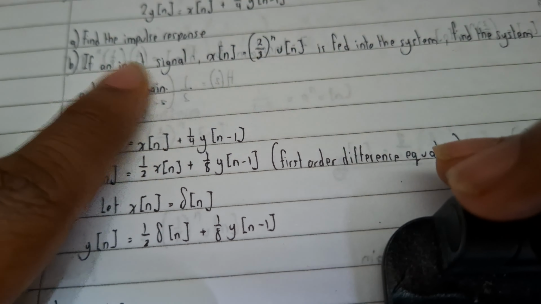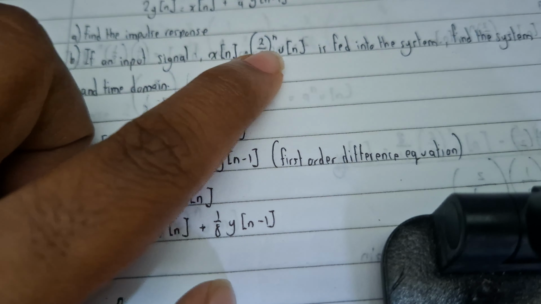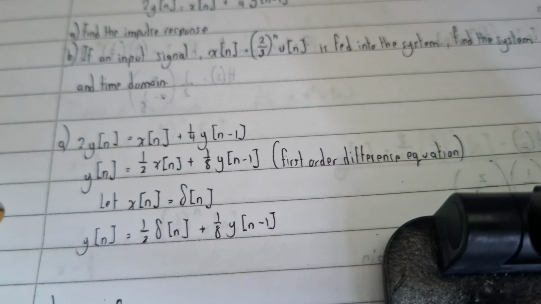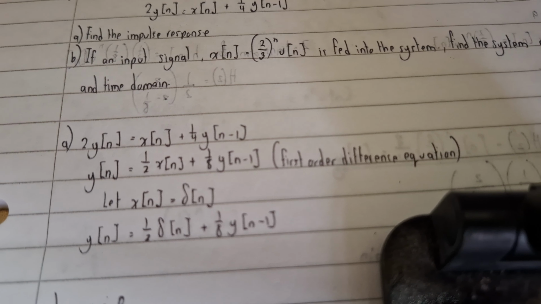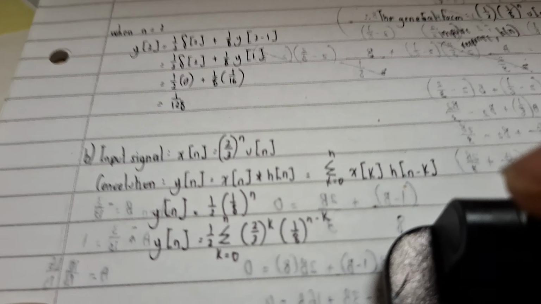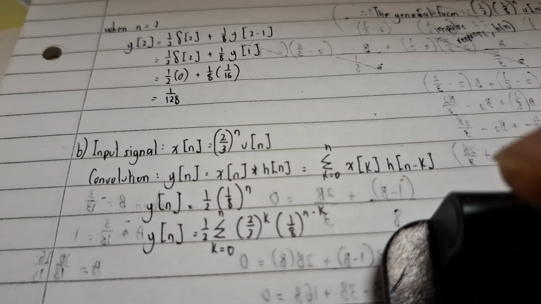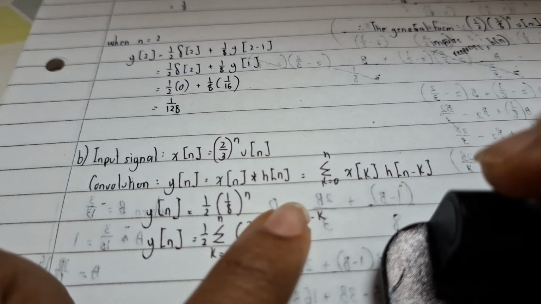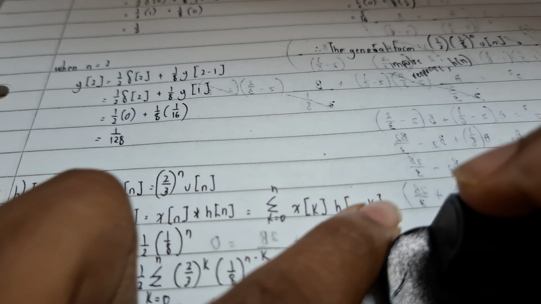Now for the second question, they ask, if an input signal x[n] equals (2/3)^n u[n] is fed into the system, find the output in terms of the frequency and time domain. In general, we can use the convolution method, which is y[n] equals x[n] convolved with h[n], equivalent to the summation of x[k] h[n-k].